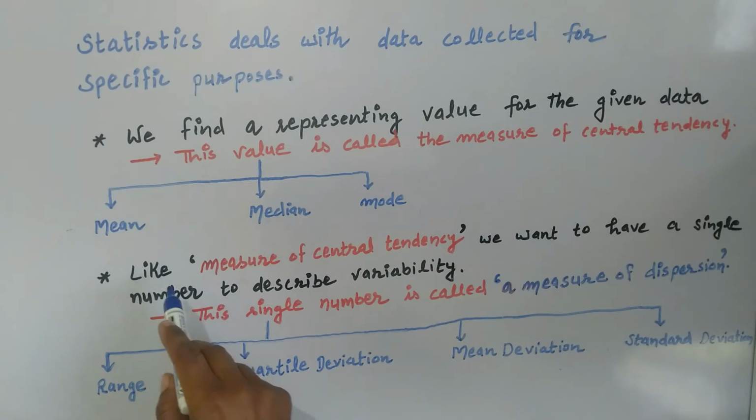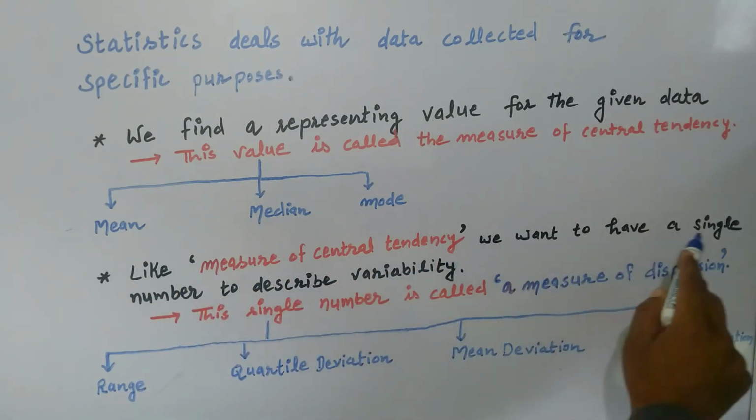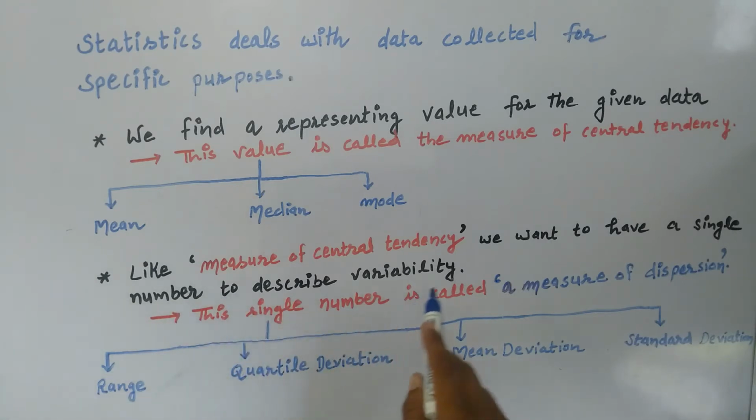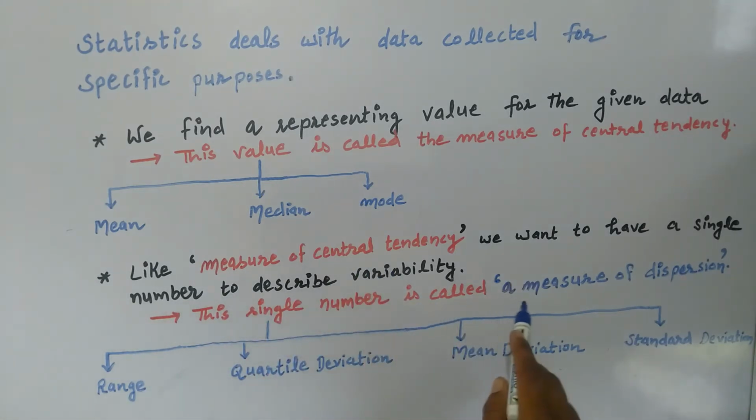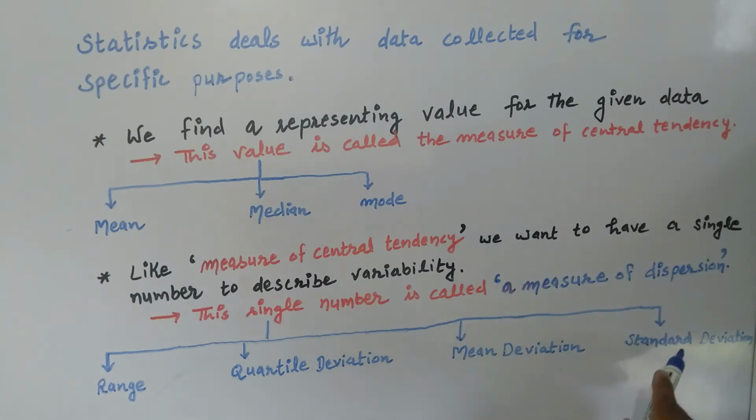Like measure of central tendency, we want a single number to describe variability. This single number is called a measure of dispersion, and the main points are range, quartile deviation, mean deviation, and standard deviation. We shall discuss these four main points in this chapter.